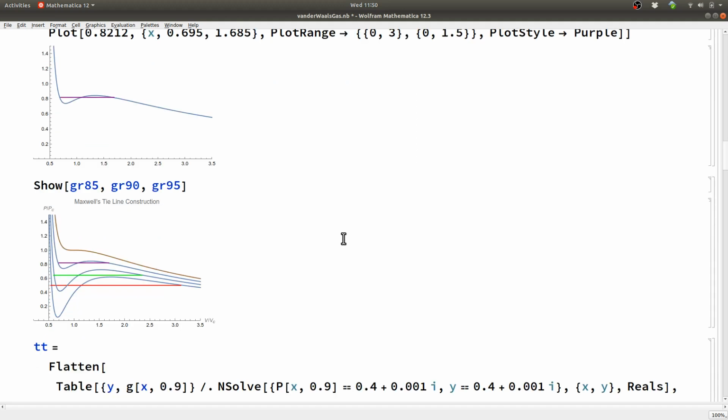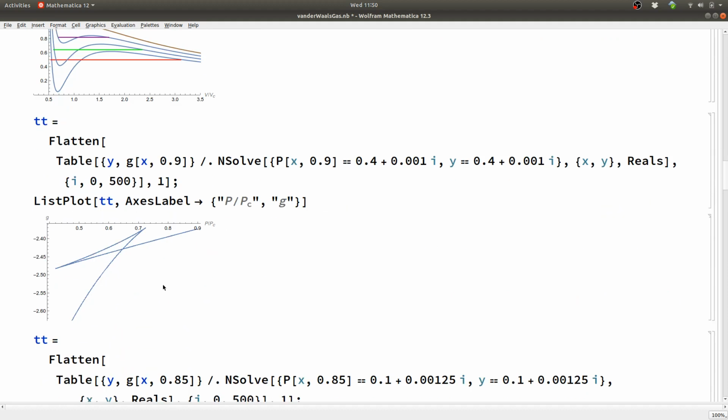Sir, in that figure, there are 3 points where the lines are intersecting. So 1, 2, and 3. Do all three correspond to tie lines? No, no. Here, this is not, because there is this line which is stable. So this and this have no meaning. They are unstable.